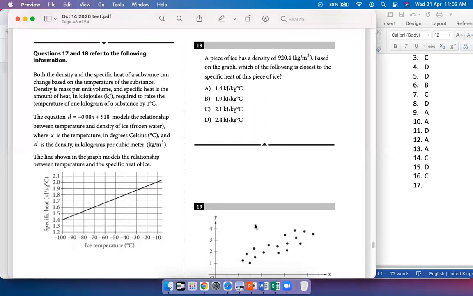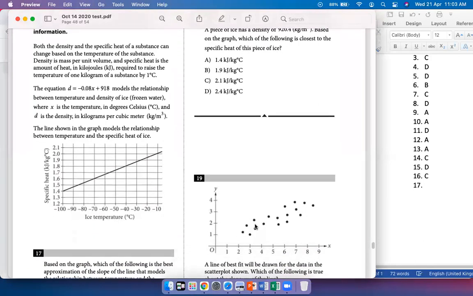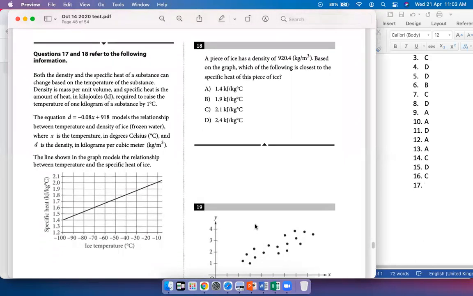The equation D is equal to minus 0.08x plus 918 models the relationship between temperature and density of ice, that is frozen water, where x is the temperature and D is the density. Okay, the line shows the model between the temperature and specific heat of ice. Okay, so we have all this information. So let's go to 17.